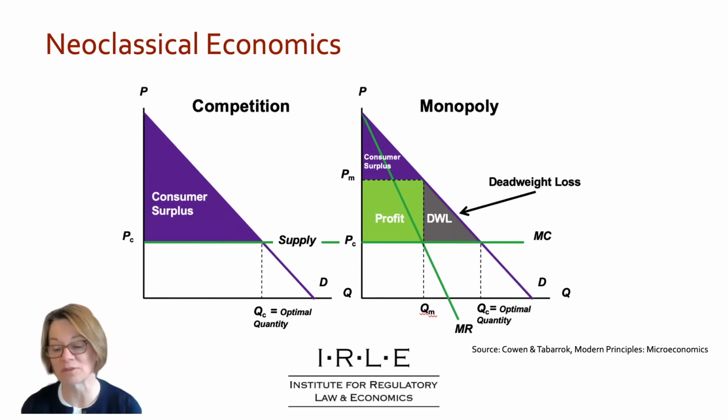The equilibrium that we get is where quantity supplied is equal to quantity demanded, and that clears the market and tells you how much ice cream is going to be sold and at what price.